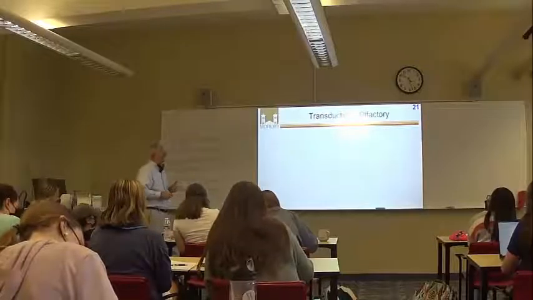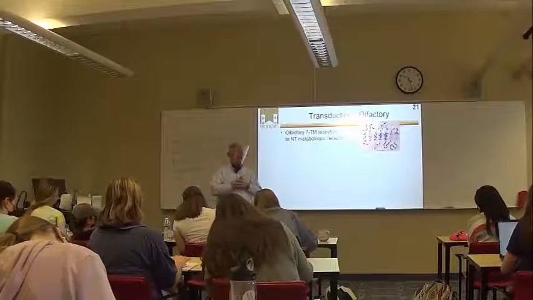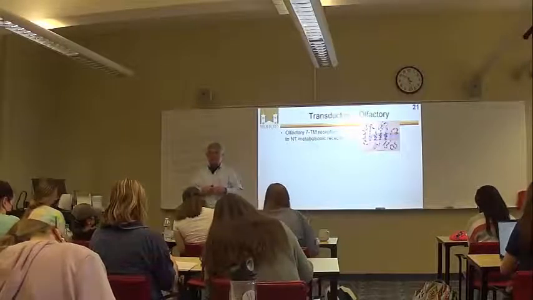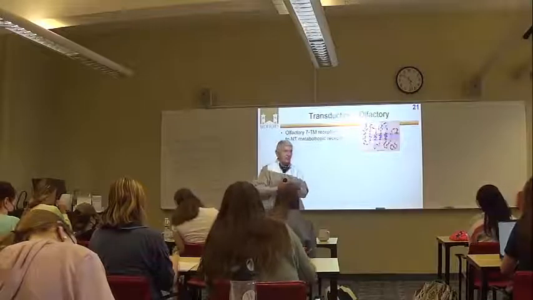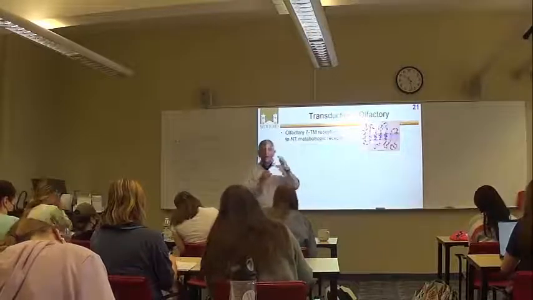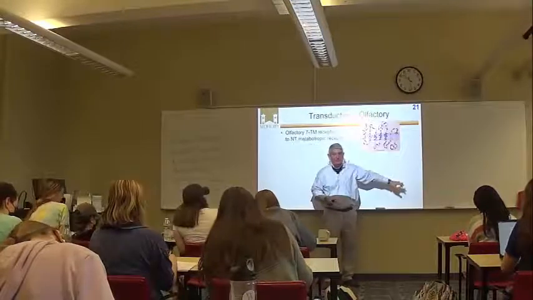All right. Transduction for olfaction. Those receptors that are on those olfactory neurons are metabotropic receptors. They're just like the ones we talked about. Lock and key mechanism to release a G protein inside of the cell.